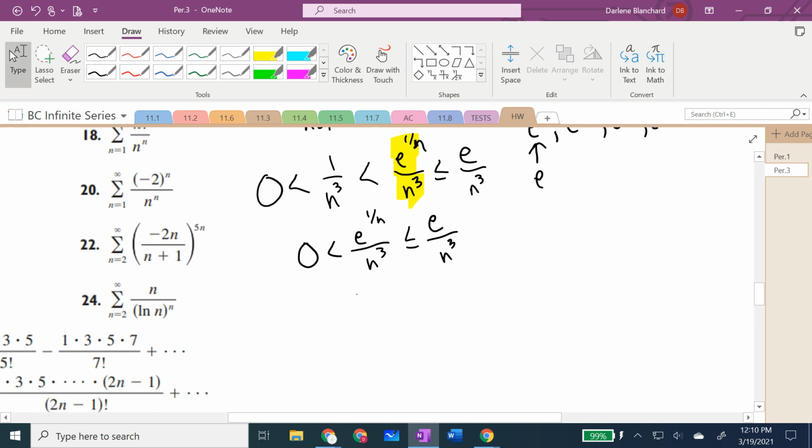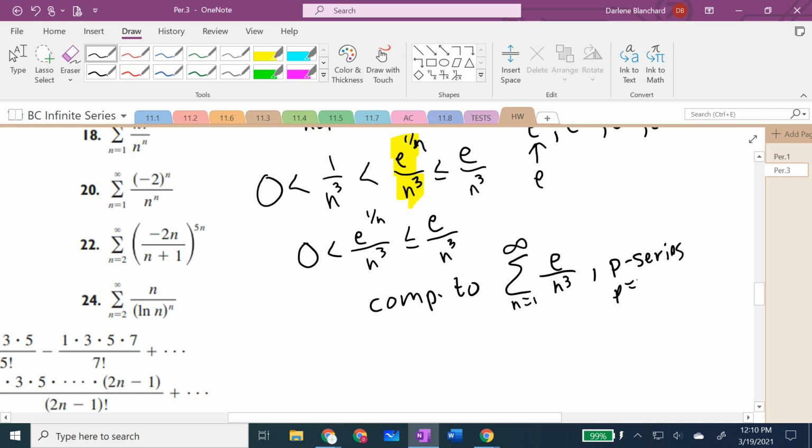I want to compare it to e over n cubed, and that is a P series, p equals 3, converges. I've got the inequality the way I need it.